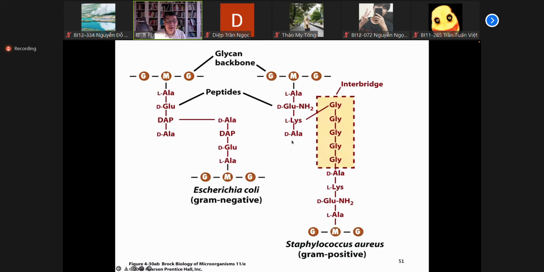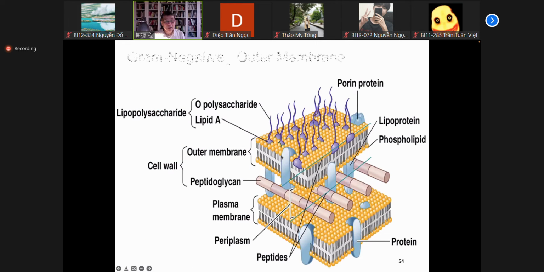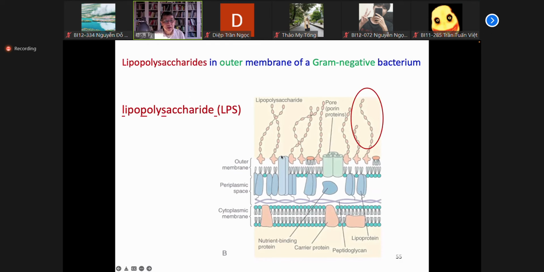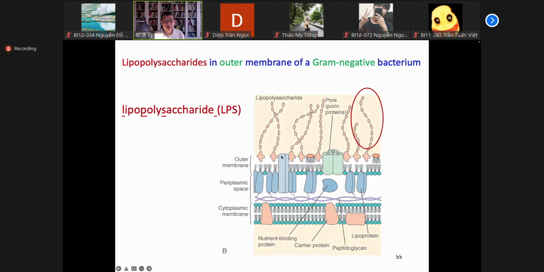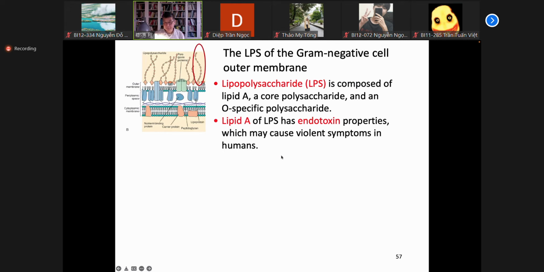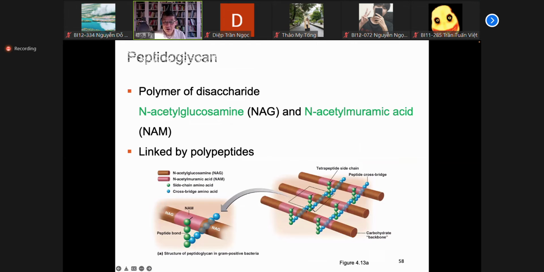Here, let me show you a more detailed structure of the sugars.